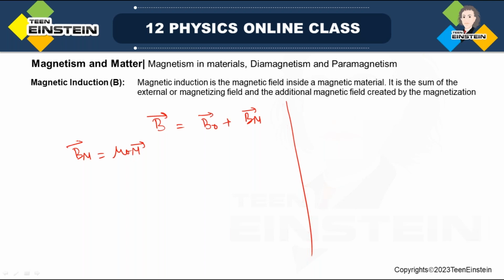Bm is the magnetic field produced by the magnetization inside a material, so Bm is equal to mu0 into M.